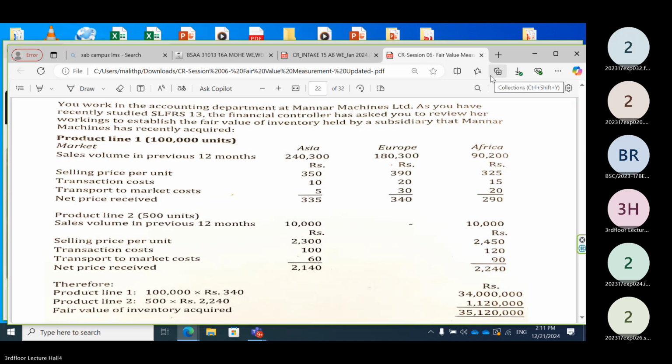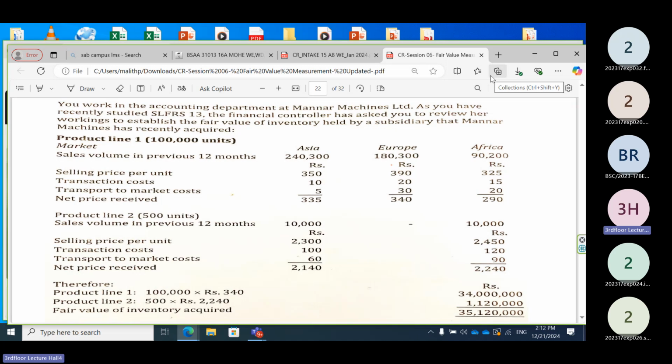If you have a principal market, don't worry about the most advantageous market. Get that price. So then selling price 350. How many items? 100,000.